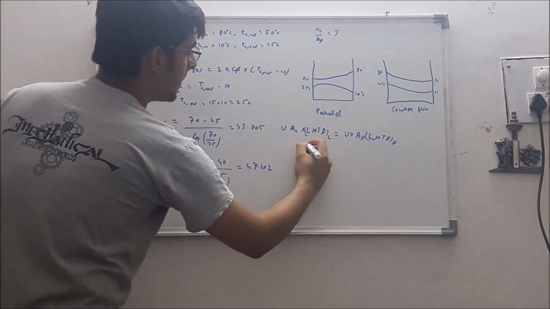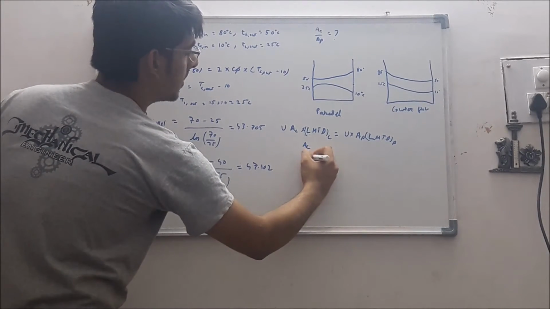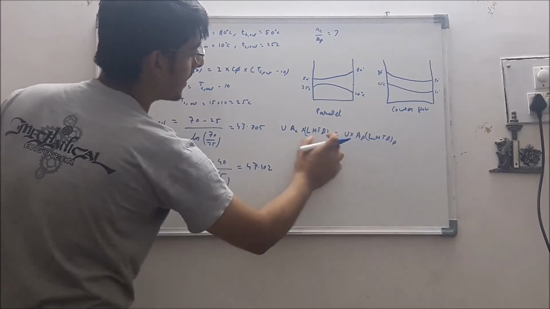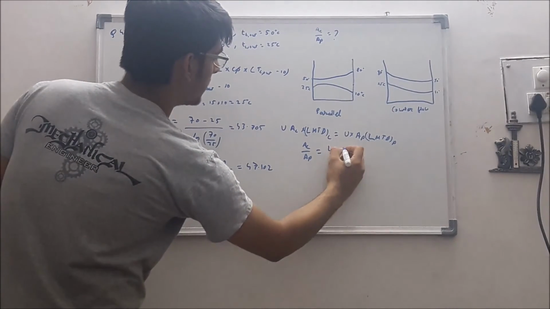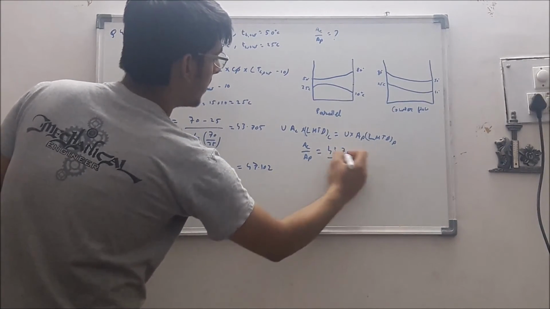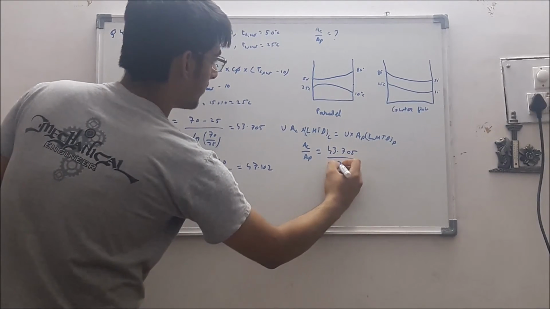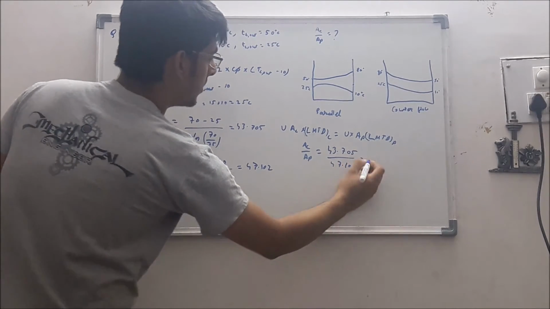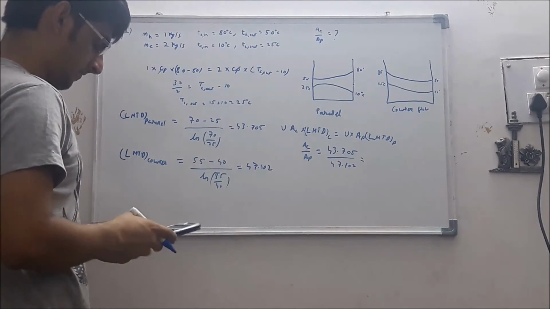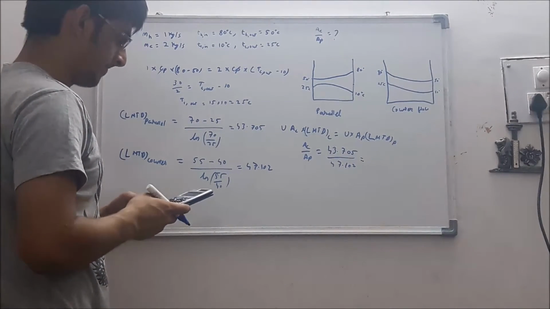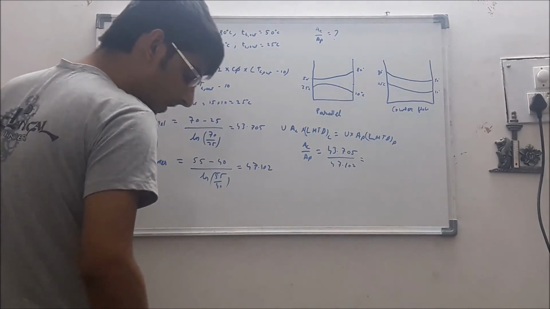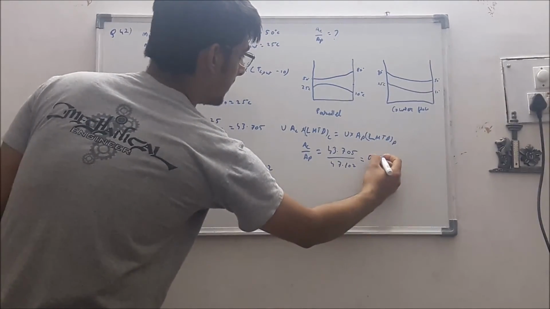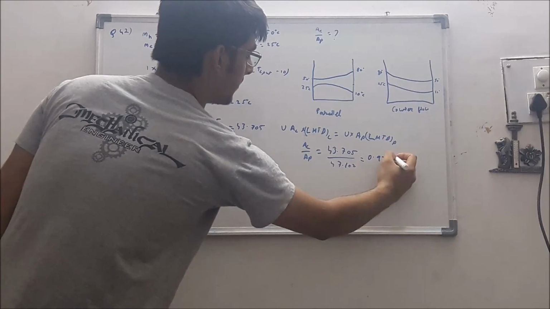So AC by AP will be equal to LMTD of parallel by LMTD of counter. So 43.705 divided by 47.102. So the answer comes out to be 0.9278.